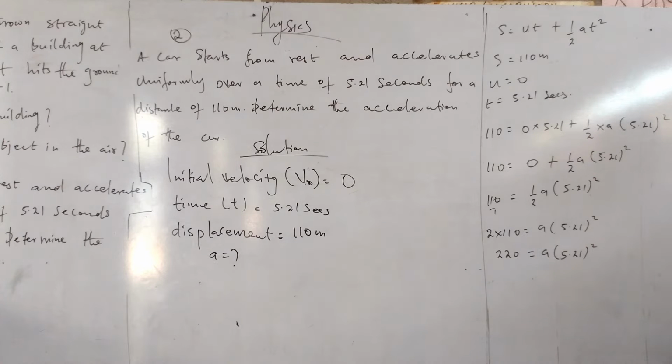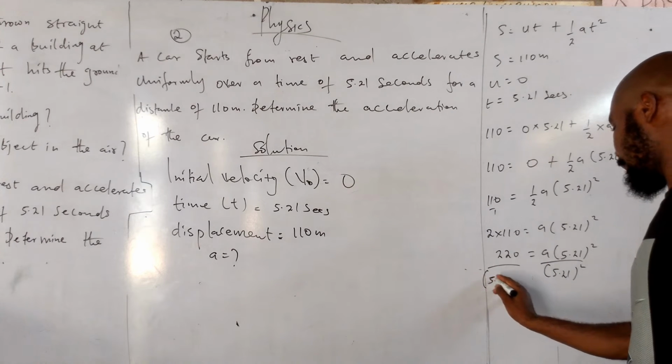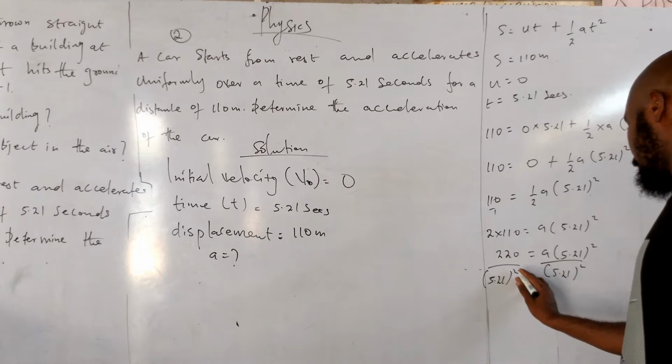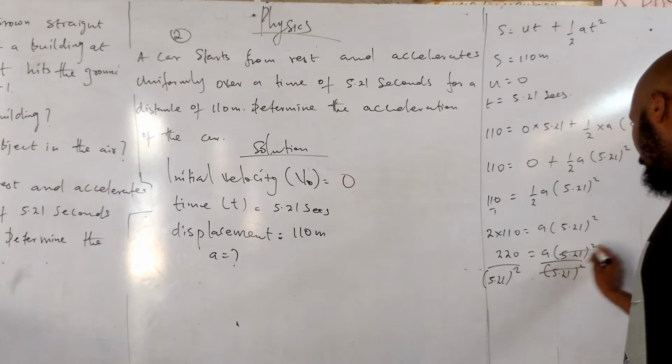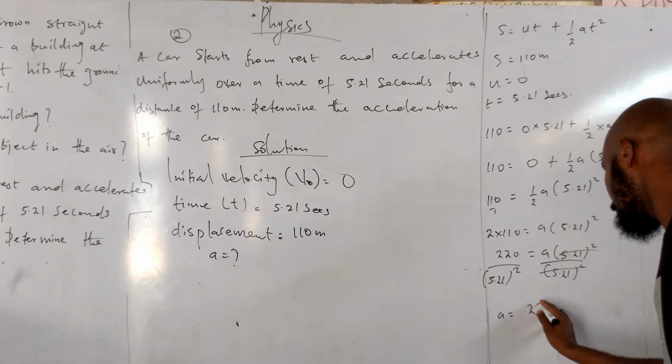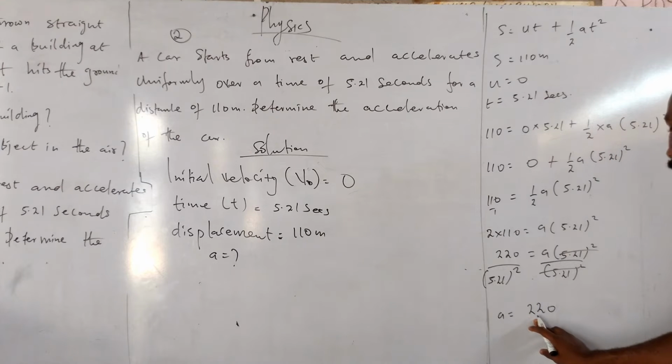Now I'm looking for a. I'll divide both sides by 5.21 squared. So this will cancel out this. So a is equal to 220 divided by 5.21 all squared.